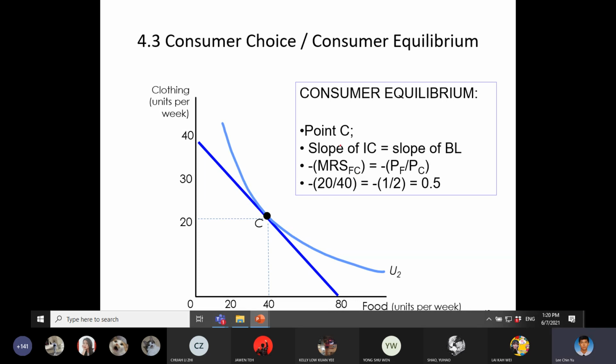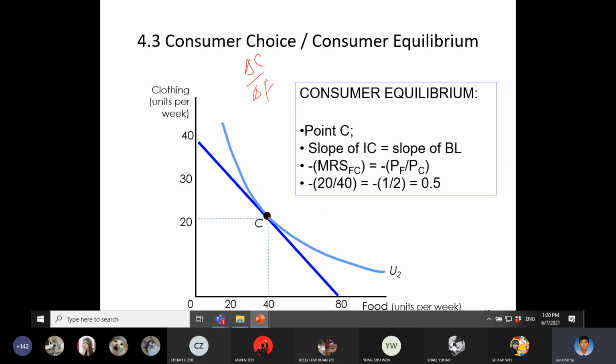Based on the changes: the change in clothing over the change in food. This is one way to do it. And then the price ratio is usually given, the price of food and the price of clothing. So we just put it together.